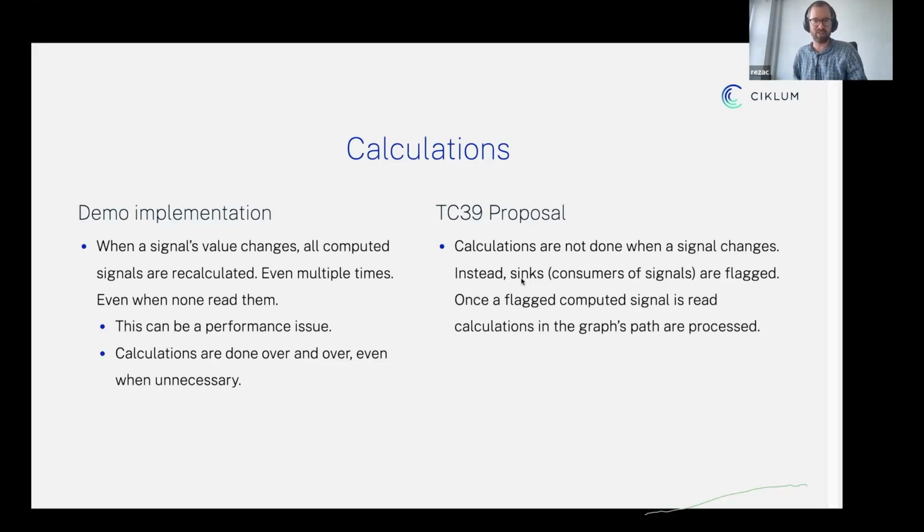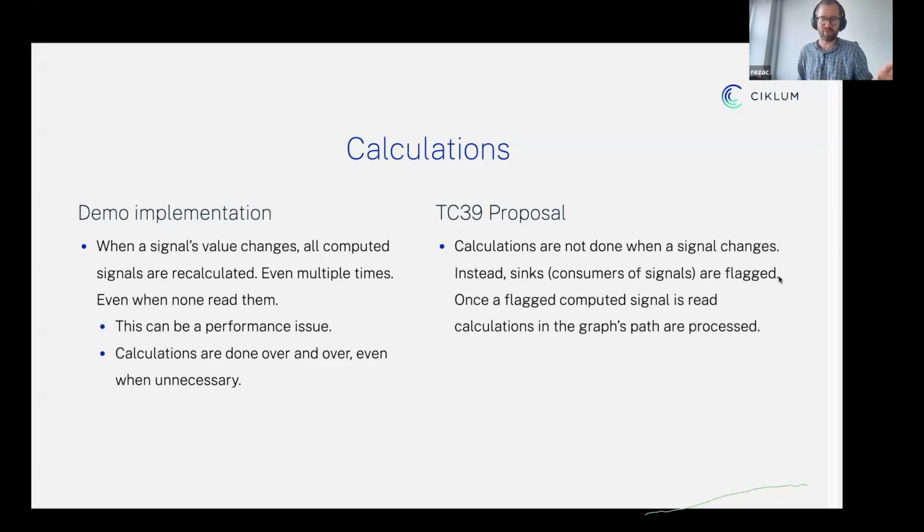Instead, the consumer of the signal is told that its parent was changed, and then the whole graph is handled in cycles. Imagine the triple computation we did to console log the same thing 3 times. We would just 3 times mark the thing, flag it as dirty, as needing to be calculated, but the calculation is not done.